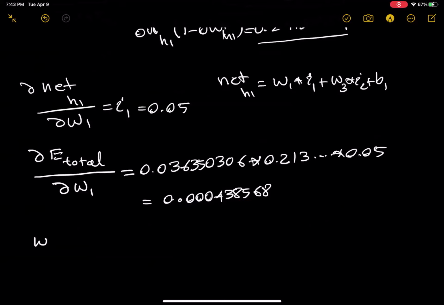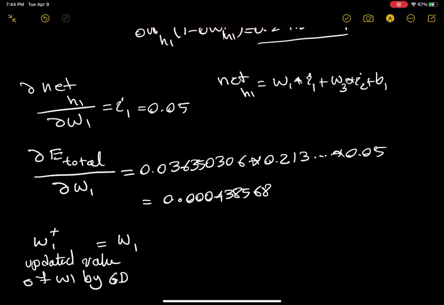So this is the updated value of W1 by gradient descent, which will equal the previous value of W1 minus eta, or alpha if you want to call that, times the E of total with respect to W1, which we already calculated here.